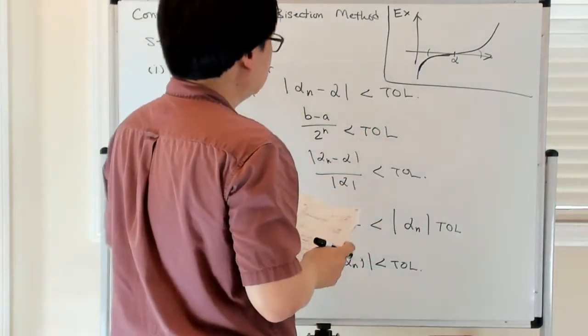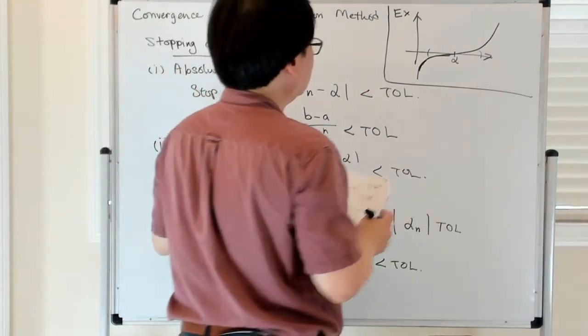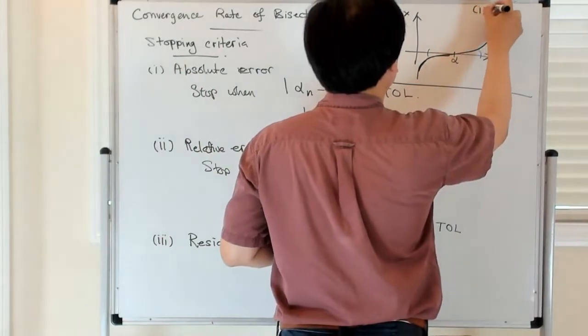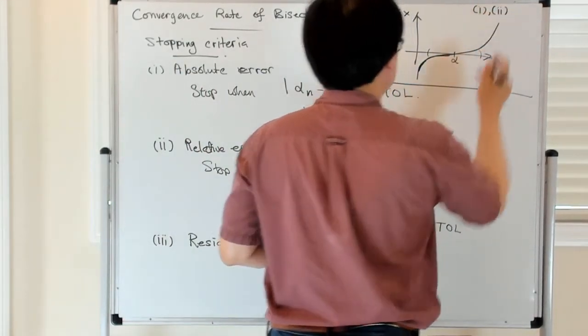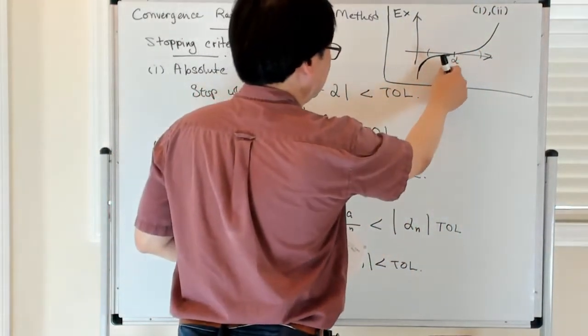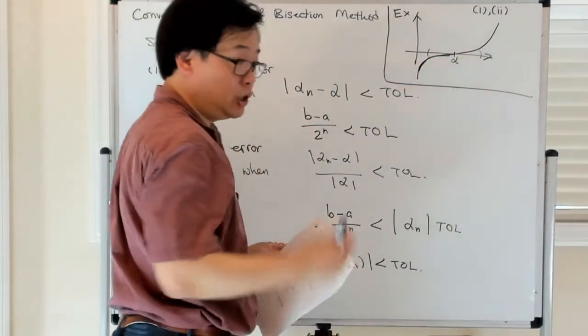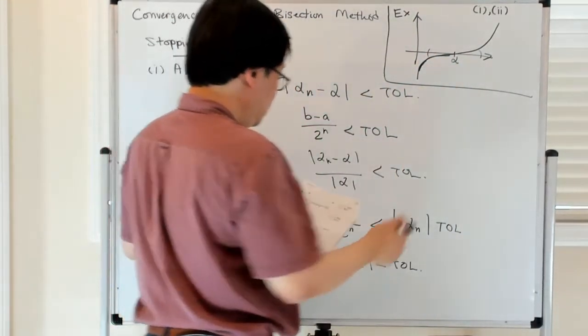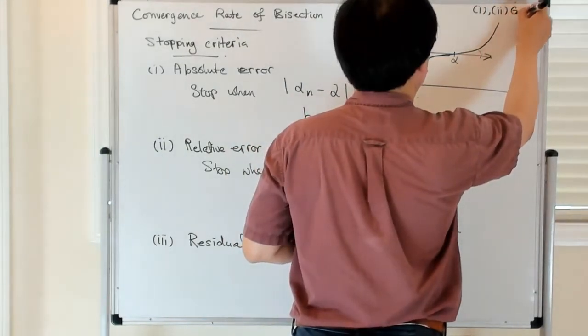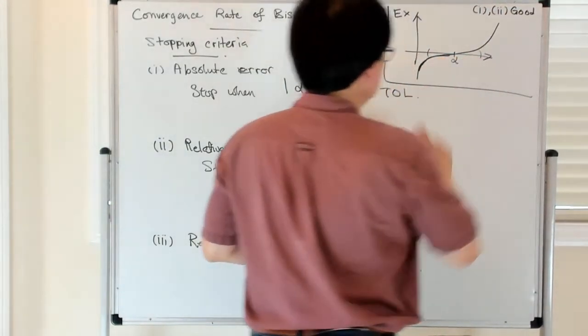For these kinds of things, conditions 1 and 2, which have to do with the error in the actual position of the root, are good. They give you a very good location.